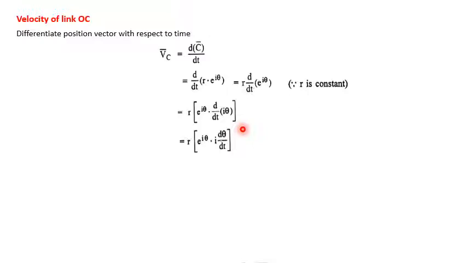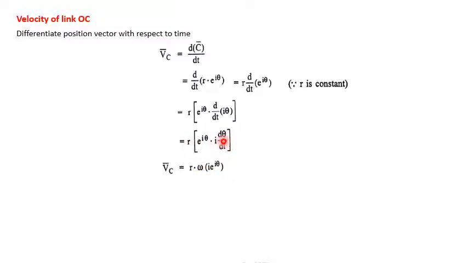Therefore, r into e to the power of I theta into I, and differentiate only theta with respect to time, so d theta divided by dt. And we know that d theta by dt is nothing but omega, right? That is the rate of change of angular displacement with respect to time. Therefore, d theta by dt is omega.